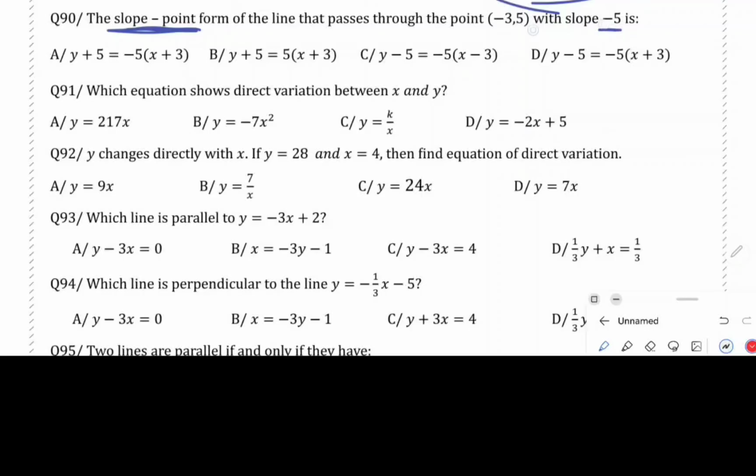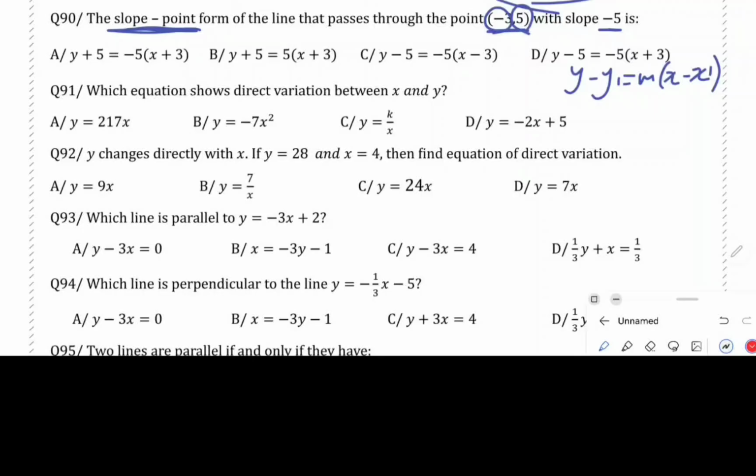The same thing, the slope point form, please pay attention. The line that passes through the point -3, 5 with the slope -5. Put it inside the rule. Okay, the rule is y minus y1 is equal to m times x minus x1. You have to choose the opposite sign.